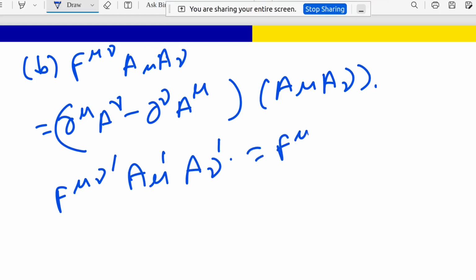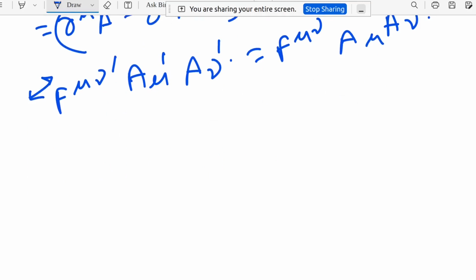Is this equal to F_μν A_μ A_ν or not? Okay, so we have to calculate this one. So how to calculate this one?